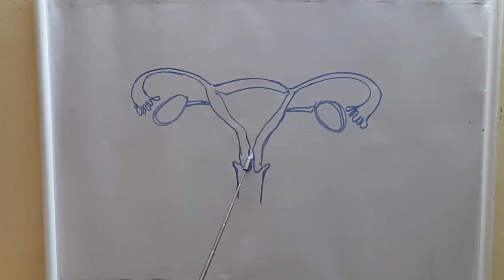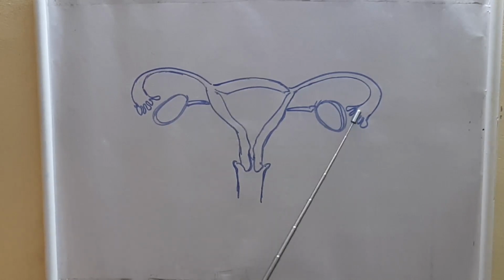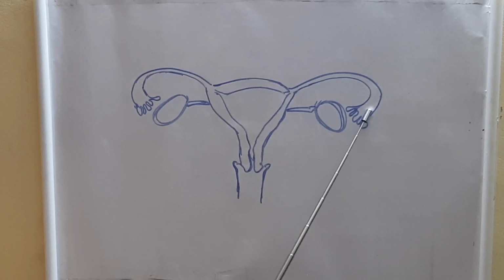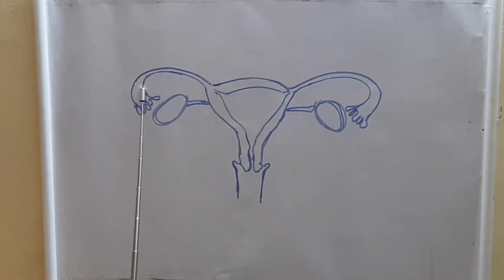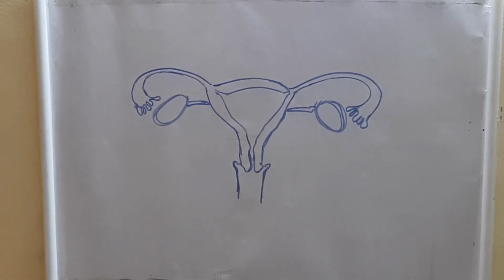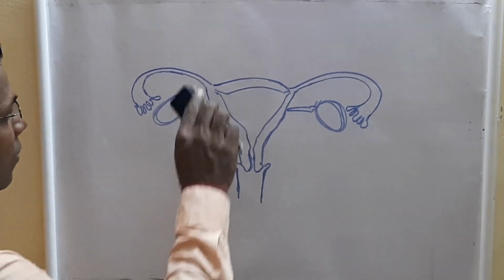The vagina, cervix, the uterus, and this is the oviduct from the infundibulum, ampulla region, isthmic region, etc. This is the ovary, pair of ovaries that are within this. A small incision is made through the lower abdomen or through the vagina. The oviduct is cut and tied.